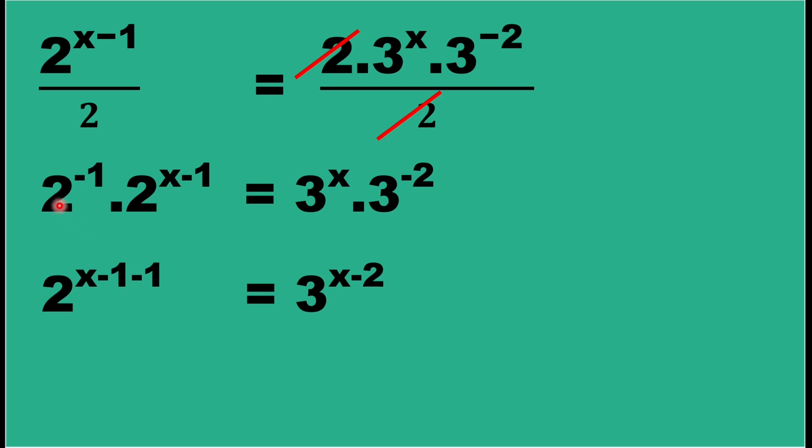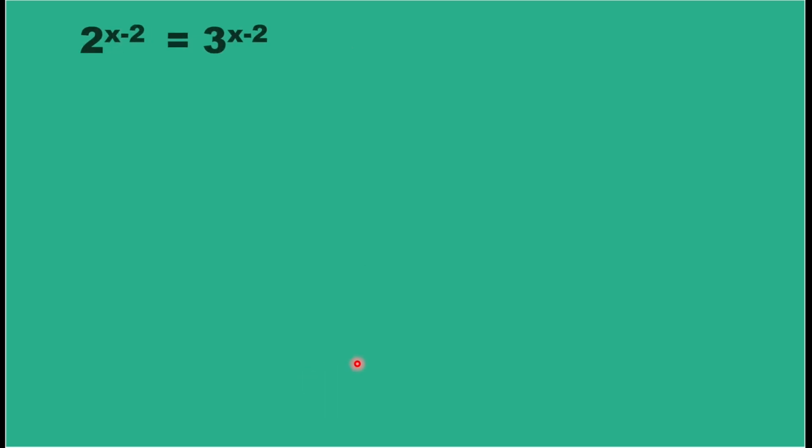So now we can write this value as 2 power x minus 1 according to the exponent rule, and similarly we can write this as 3 power x minus 2. So this will become 2 power x minus 2, and this will become 3 power x minus 2.